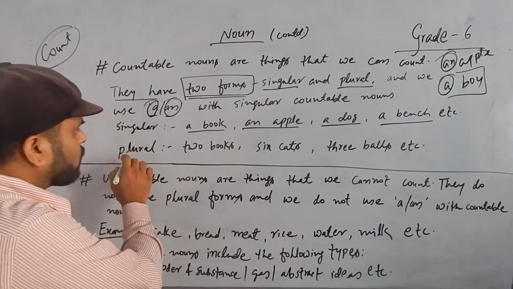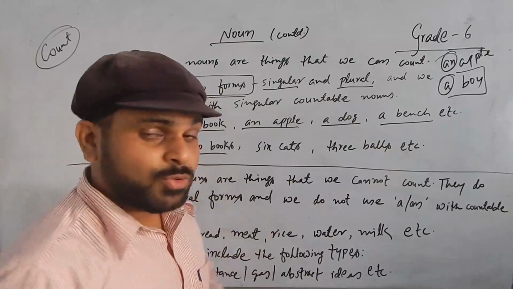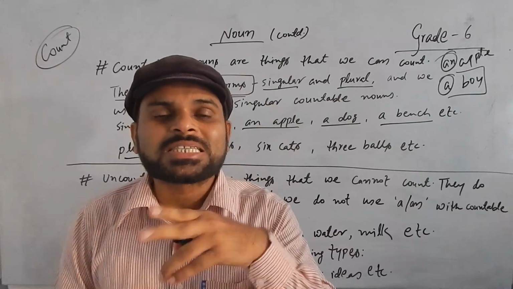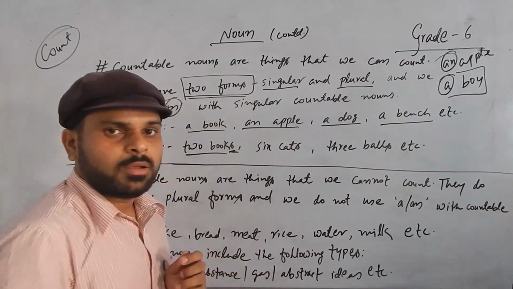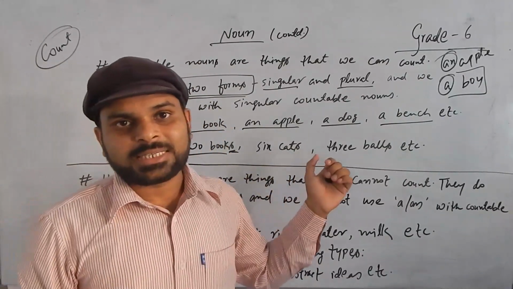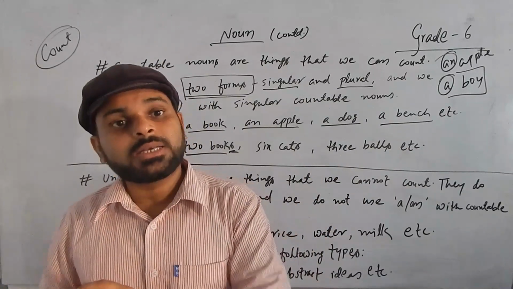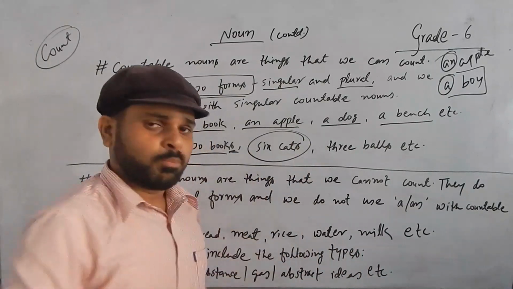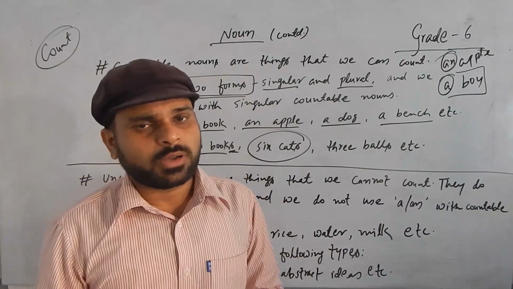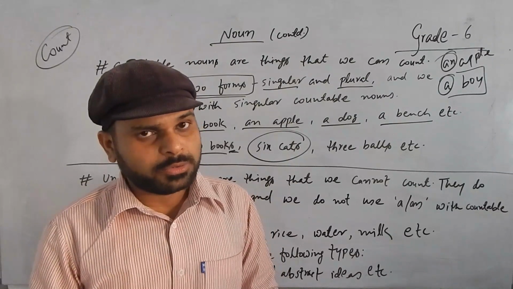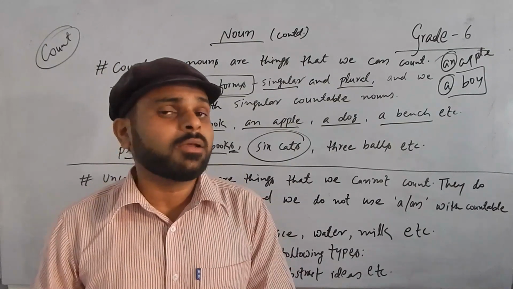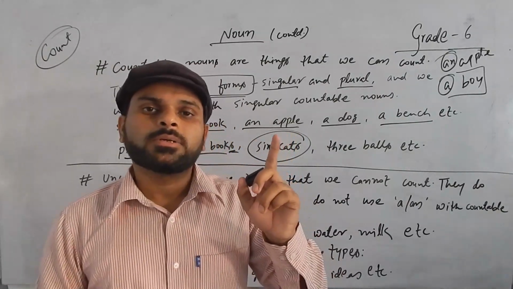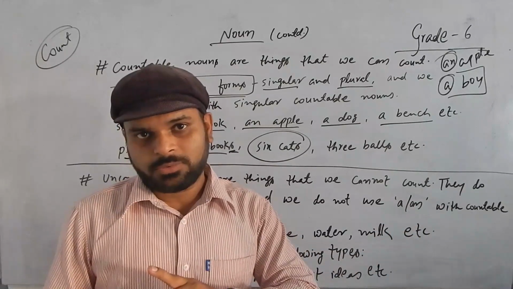Similarly, plural countable nouns. Books, countable, but with S, plural. 6 cats. Cats can be counted, and 6 cats can also be counted, but it's plural. First of all, keep in mind countable and uncountable.